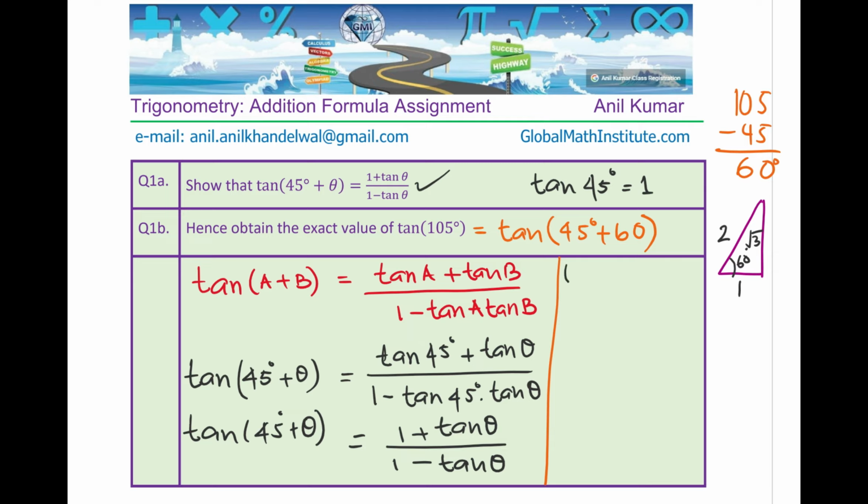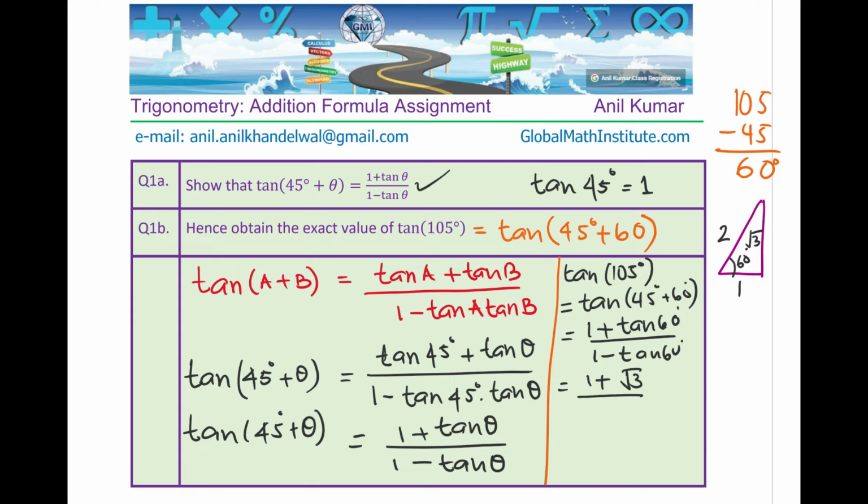So tan of 105 degrees equals tan of 45 degrees plus 60 degrees, which is 1 plus tan 60 over 1 minus tan 60. Substituting the value, we get 1 plus square root 3 over 1 minus square root 3.